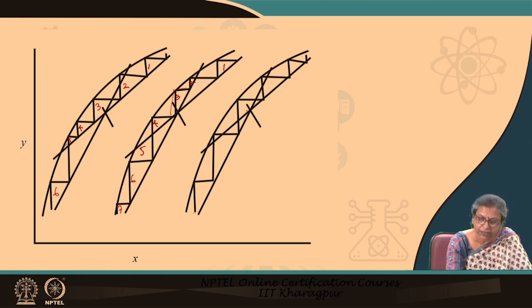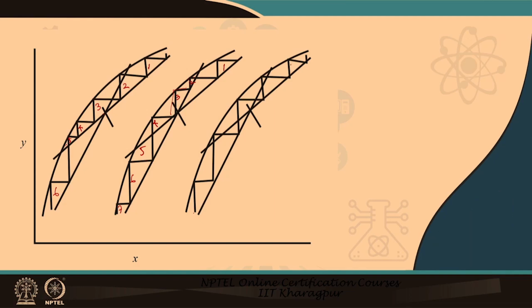But if we make the crossover at the point of intersection, then definitely we find that throughout the entire range, the operating curve is furthest from the equilibrium curve, and as a result we will be having the minimum number of trays.